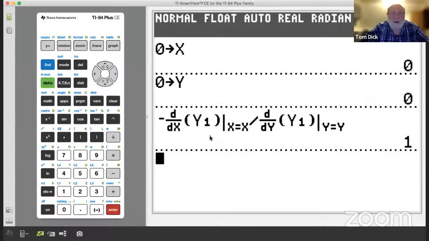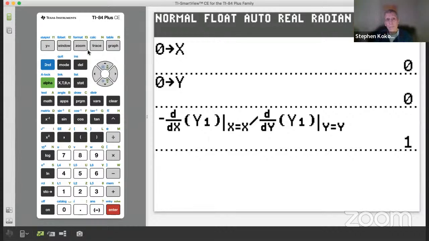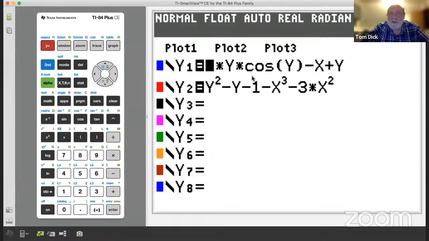Beautiful. All right, so back on the 84. Yep, got it. Just a reminder of what we were doing before: if I go to my y equals menu, I'm not going to calculate that numerical implicit derivative again, but the y2 you see here is the expression I would want to use.